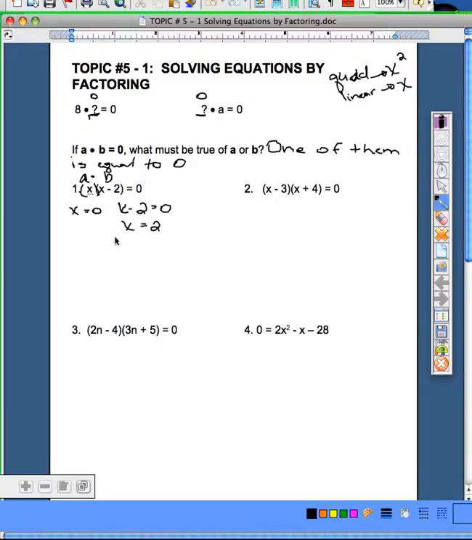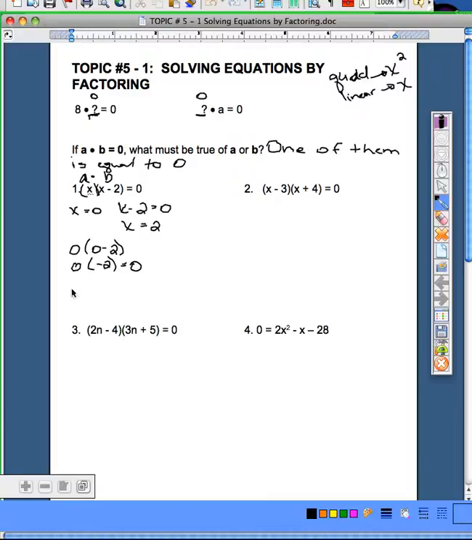And we can check them. I'm not going to check every problem, but in other words, if x was 0, I'd have 0 times 0 minus 2, which is 0 times negative 2, and that gives me the answer I need for this to be a true statement, which is 0. So we know the 0 is a valid answer.